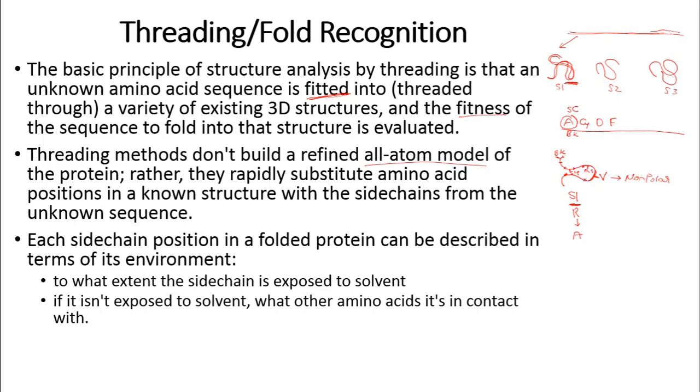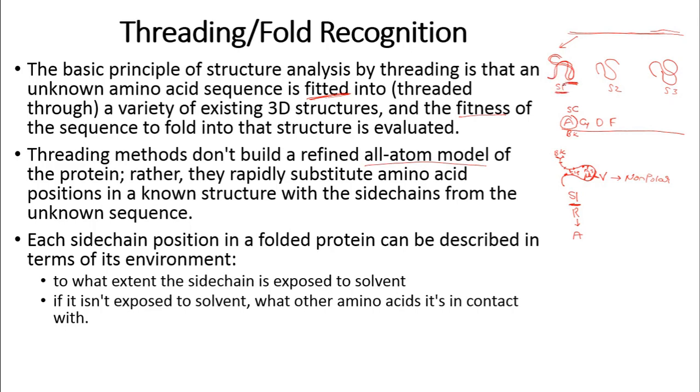So now, is there any counter charge like lysine or arginine that can balance the charge? Do you understand? So all these things are considered while scoring, or you can say while evaluating the fitting of your sequence into the structure of another fold.